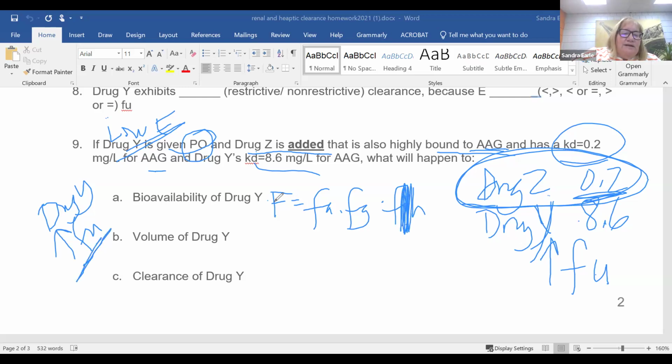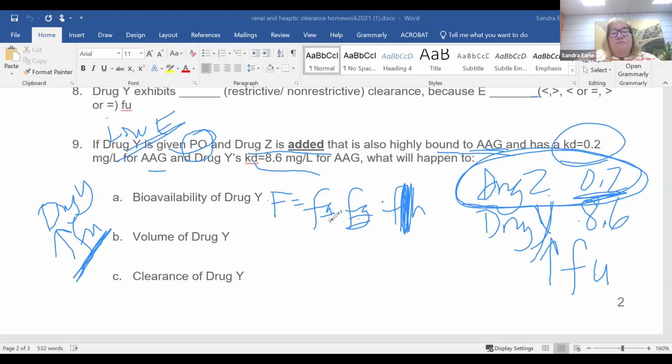So does a change in binding affect FA or FG? No. What determines FA? Well, it has to be small enough. It's got to passively diffuse through that gut wall, right? And things that affect that are things like complexation and other things that will affect FA, and protein binding in the plasma, we're not in the plasma even yet, isn't going to affect FA.